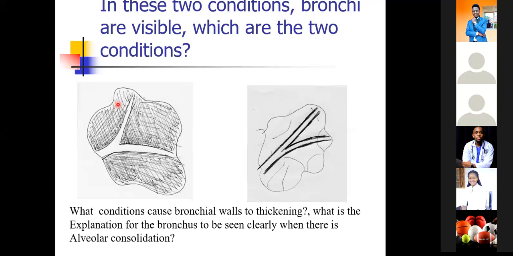But what else is going on? The other thing that is going on is that this fluid is not yet large enough to also begin collecting in the bronchi and the bronchioles.